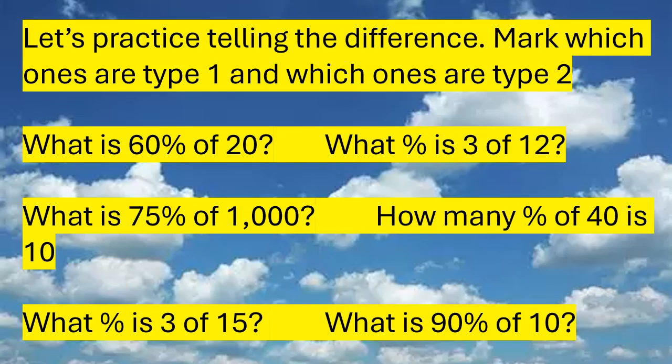Let's practice telling the difference. You have to mark which ones are type 1 and which ones are type 2. You don't need to calculate the answer. Just tell me which ones are type 1, which ones are type 2. So first question, what is 60% of 20? Type 1 or type 2? Second question, what percent is 3 of 12? Third question, what is 75% of 1,000?